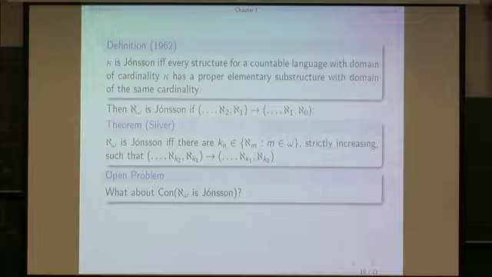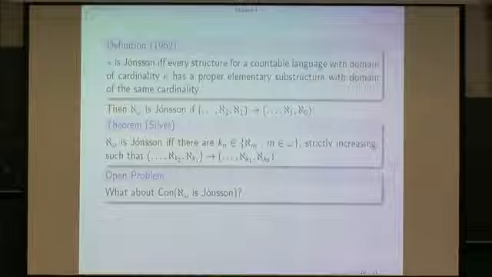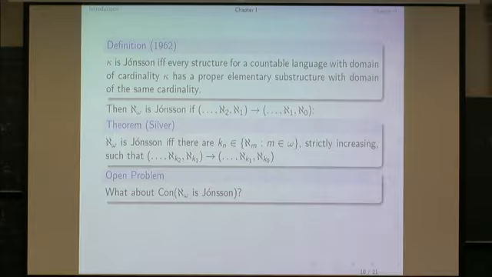I should have put k_n below, yes. Thank you. What it means is just that, this is the easiest way you can think of it, but instead of 1, 2, 3, 4, 5, you can have any ascending sequence of natural numbers.